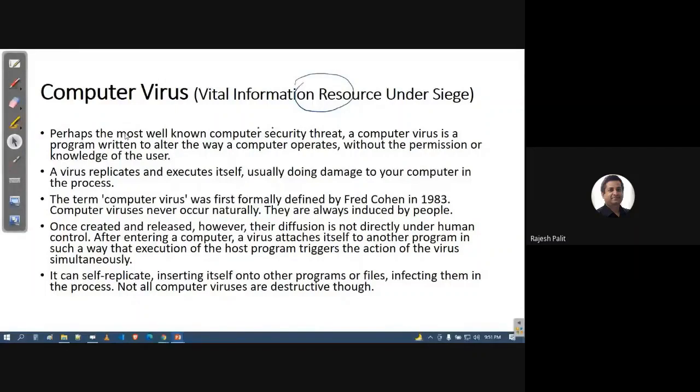Generally, a virus is attached to an existing file, and then it replicates, infects other files and executes. A virus can self-replicate, inserting itself onto other programs or files, infecting them in the process. Not all computer viruses are destructive though.